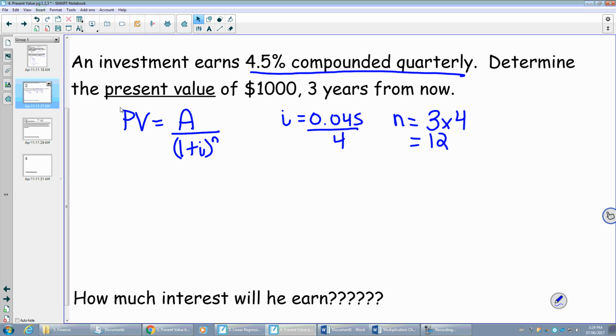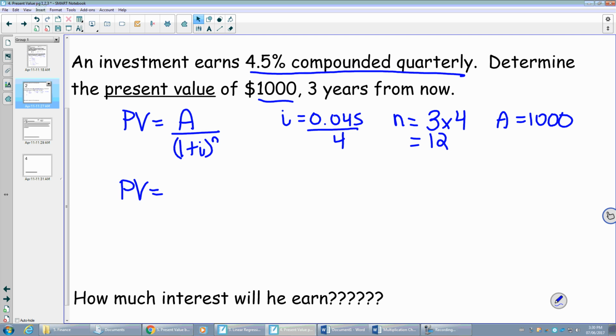Okay, now the question there says determine the present value of $1,000 3 years from now. So that's saying in 3 years, we are going to have $1,000. That's worth $1,000 3 years from now. What is that worth today? So that number here is saying A is equal to 1,000. So I can plug all of this into my formula.